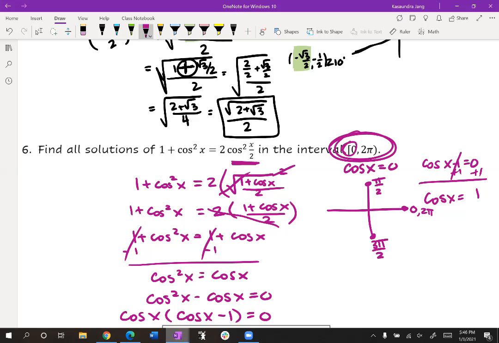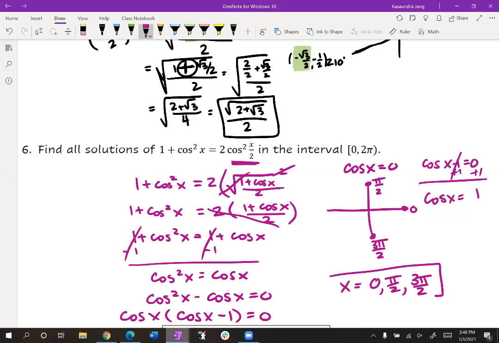See, it's got the square bracket on the 0, include the 0, but parentheses here do not include the 2 pi. So I'm actually not going to include that 2 pi. I know they're both the same spot on my unit circle, but I'm only including the 0. So that means I have 3 answers here for my x. X equals 0, pi halves, and 3 pi halves. There we go.